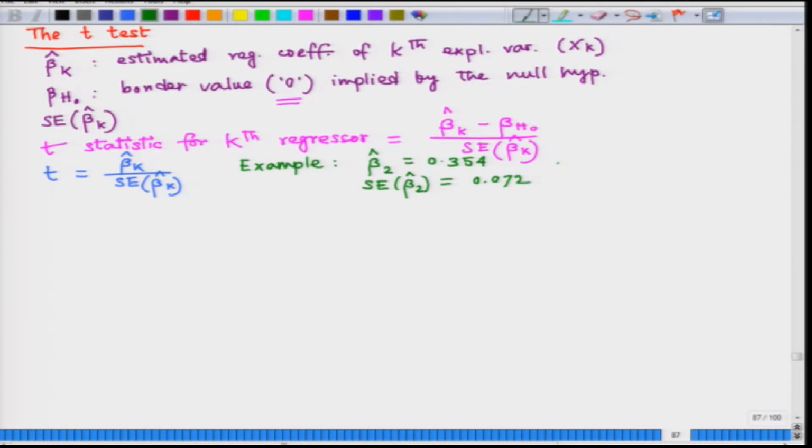So, now I can utilize this information to find the T statistic value, which is 4.88. Okay. You do not have to worry about computing the T value if you are using statistical software. These days statistical software routinely computes these numbers and reports them. Okay. So, now what would be the decision rule?